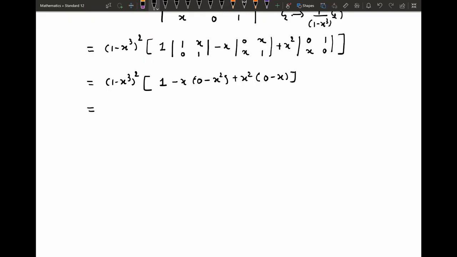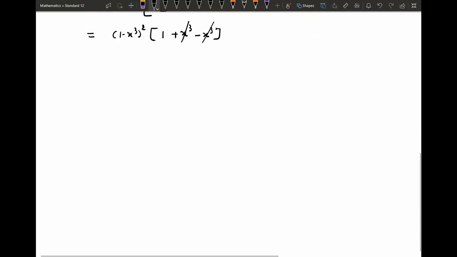Now simplification: 1 minus x cube whole square, 1 minus minus plus x cube minus x cube. So you can observe simplification, it is 1 minus x cube square, that is RHS.